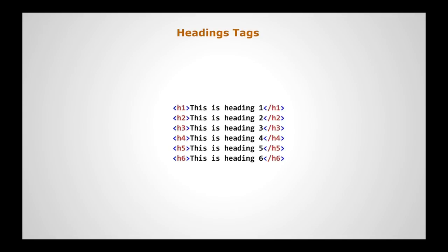The most important heading tag is the H1, and the least important heading tag is the H6. The H1 is the highest heading level, and it is the largest in terms of font size, and the H6 is the lowest and the smallest.